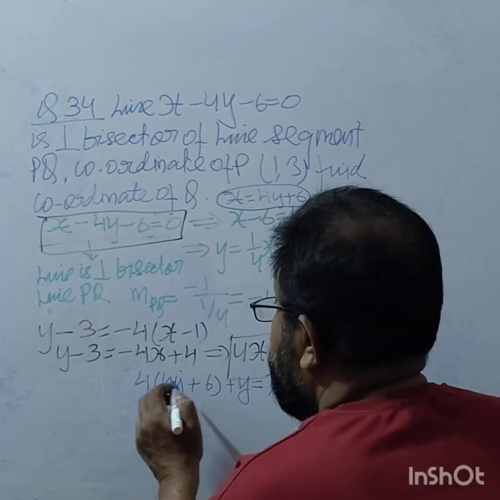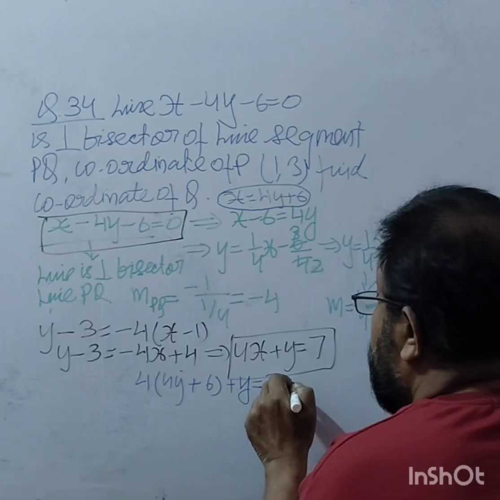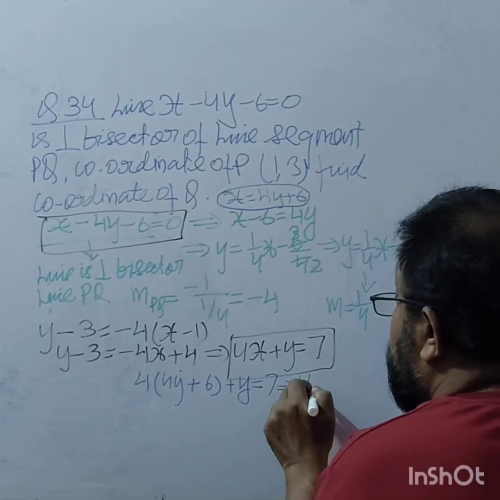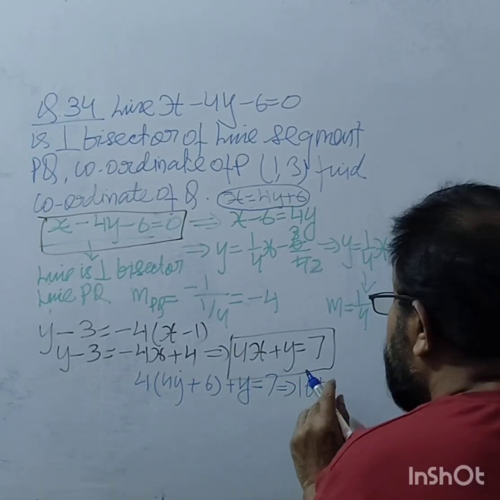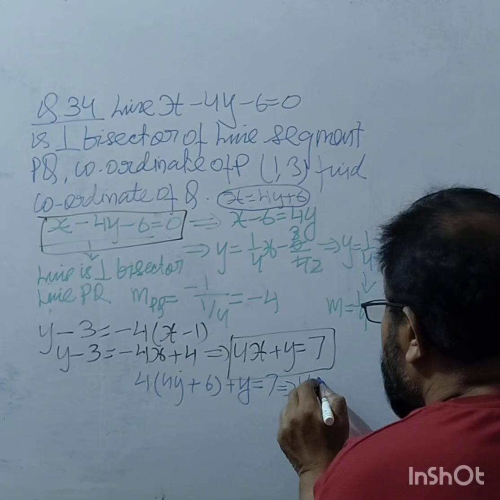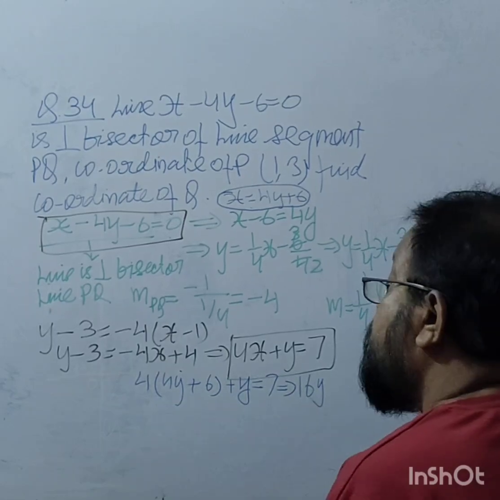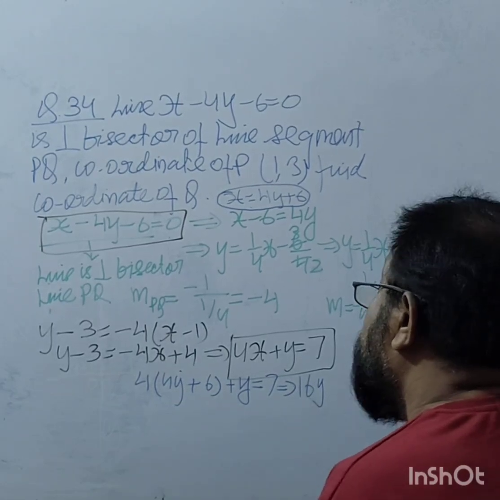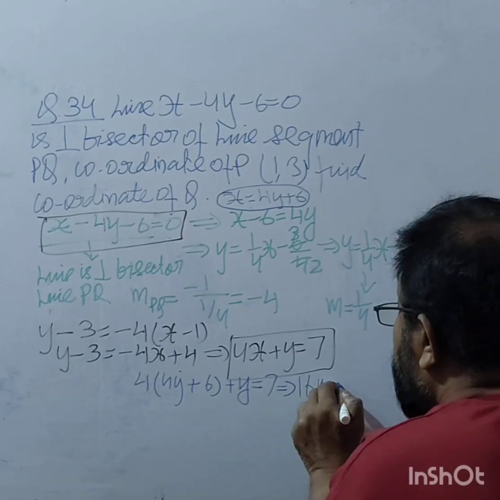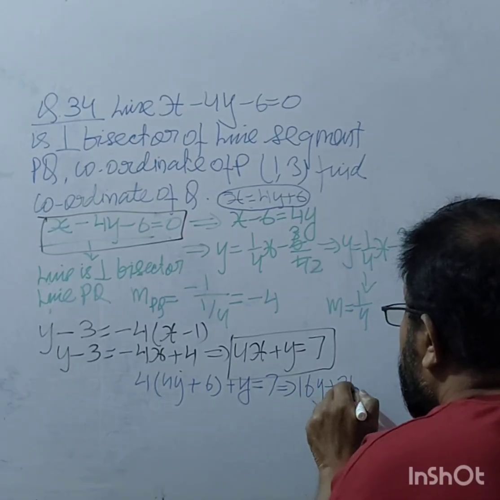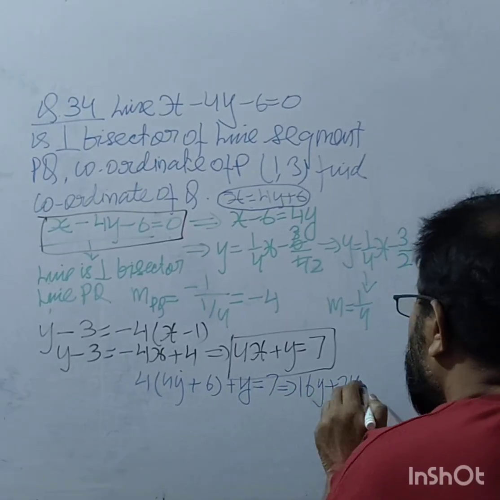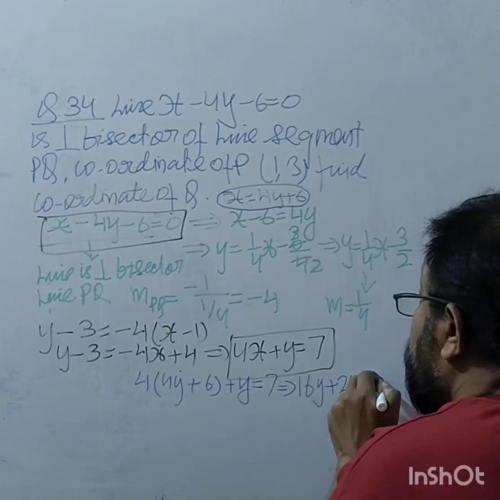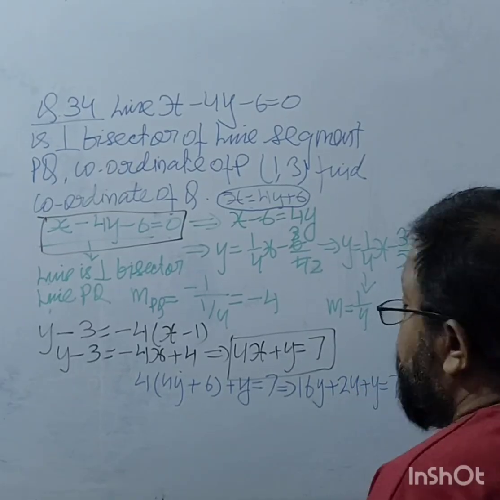So it is how much? 16y plus 24 plus y is equal to 7.